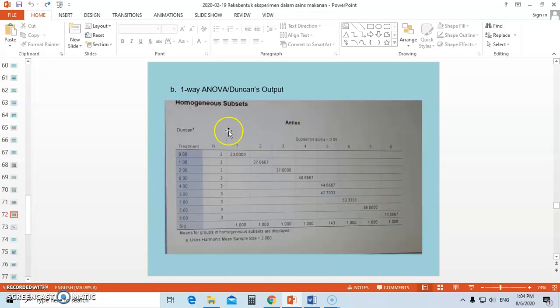For that, we need to do a multiple means comparison test, and based on what we have done, SPSS showed that this mean is significantly different from this mean, etc. This is significantly lower than this, but because these two are in the same column, they are not significantly different from each other.